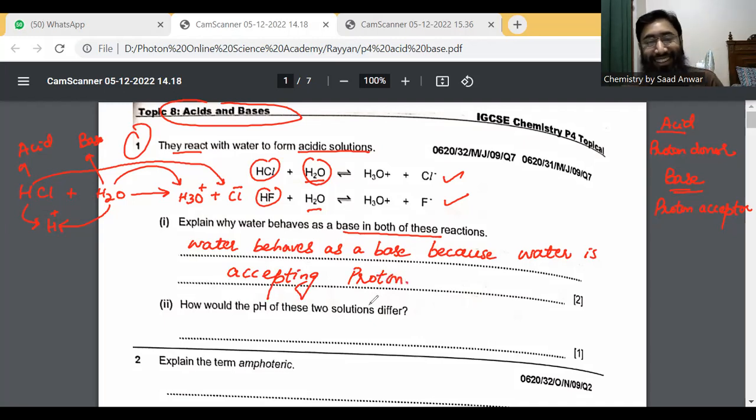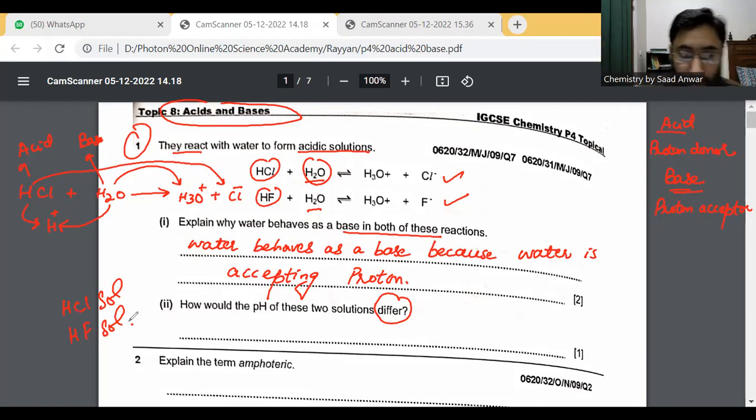All right. The next is, how would the pH of these two solutions differ? HCl and HF, HCl solution and HF solution. So how would the pH of these two solutions differ?